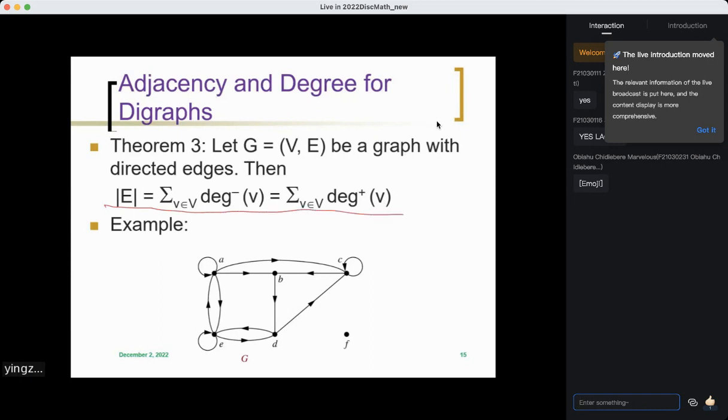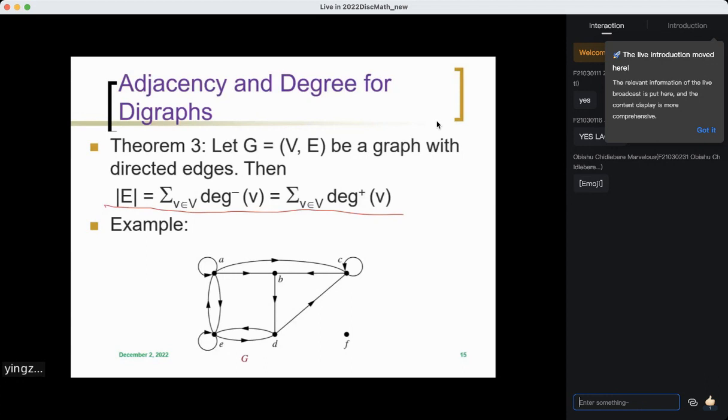The number of edges is equal to the sum of all the in degrees, and also equal to the sum of all the out degrees. This is just for easy understanding, because in the digraph, each directed edge contributes one in degree and one out degree.